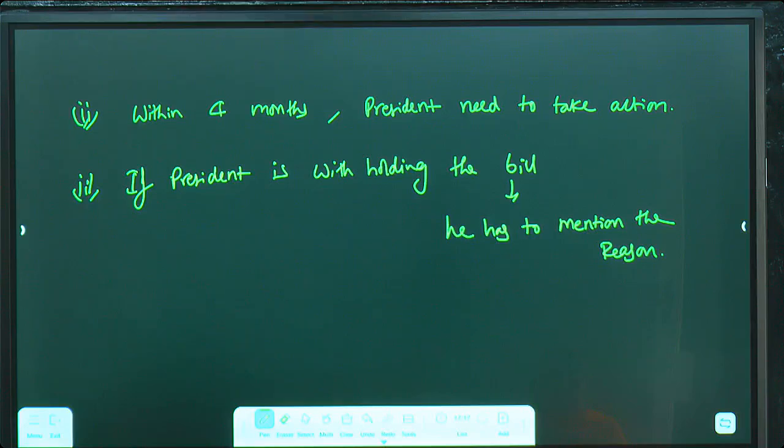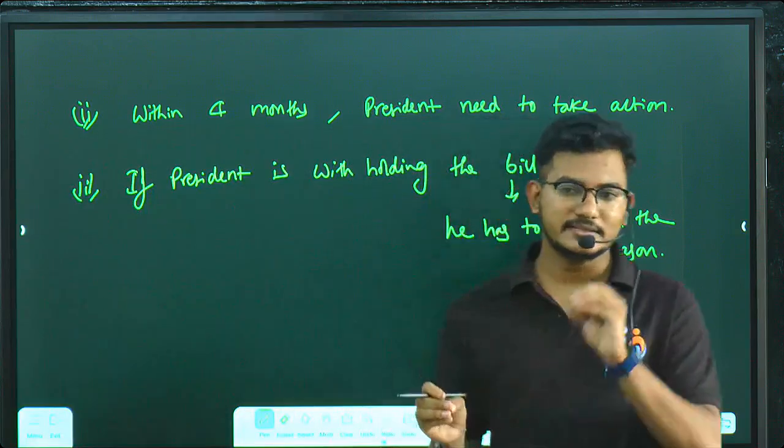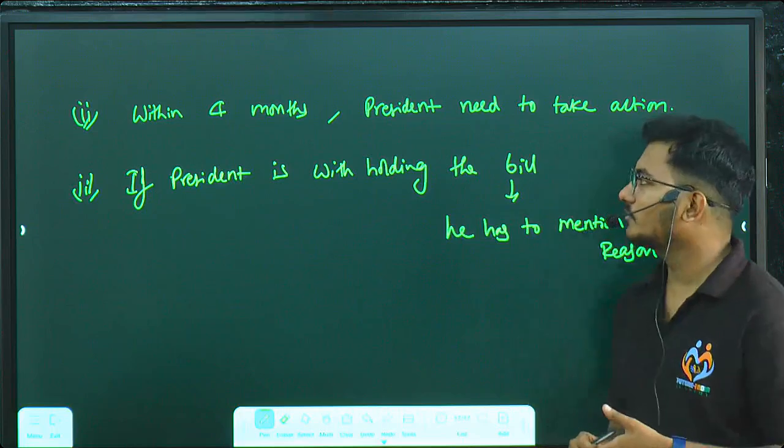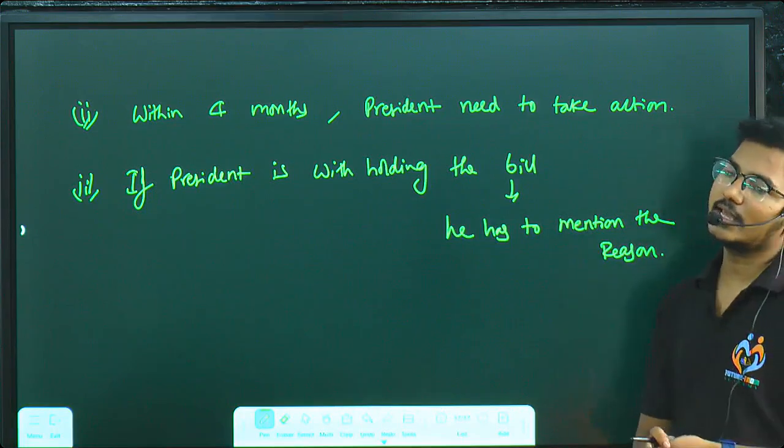So fine, he'll come up with a reason and he withholds the bill. What if he didn't withhold it? Instead, he chose to return the bill for reconsideration. Then the state government generally will return the same bill again. So this time, within 2 months, the president has to take action.